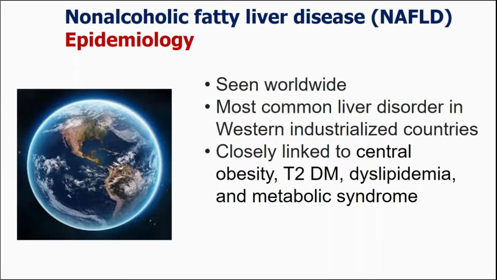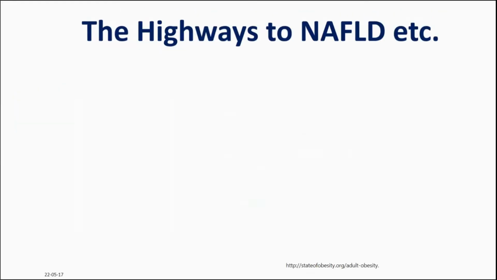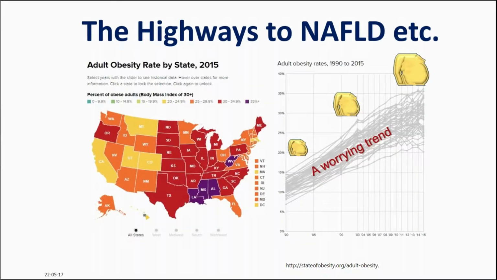NAFLD, seen worldwide, is now the most common liver disorder in Western industrialized countries, and is closely linked to metabolic disorders like central obesity, type 2 diabetes mellitus, dyslipidemia, and metabolic syndrome. But the highway to NAFLD is for sure obesity. This is a terribly worrying trend.